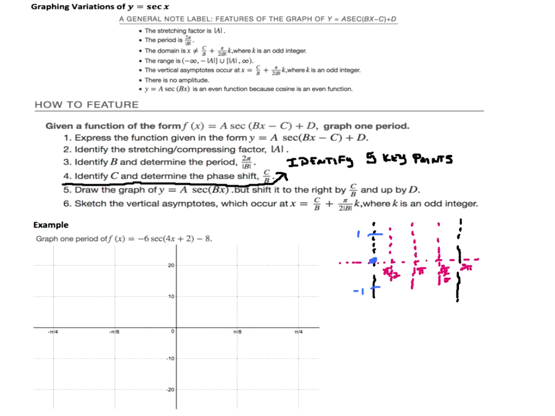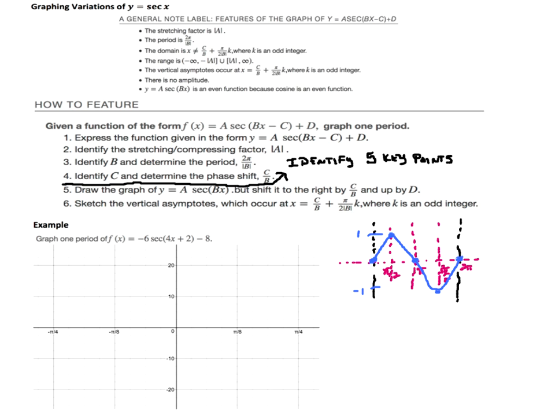All right, so we start at the origin. We know it goes up first to 1, and that hits at pi over 2, halfway between the beginning and the halfway mark. At the halfway mark, it's going to hit right on the x-axis, then it's going to drop down at that second halfway mark between pi and 2 pi, and then end back up at the x-axis. So it looks kind of like this.